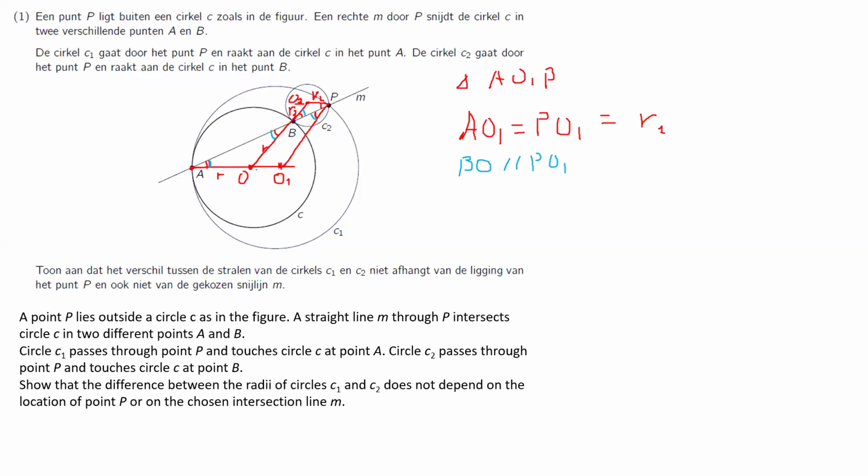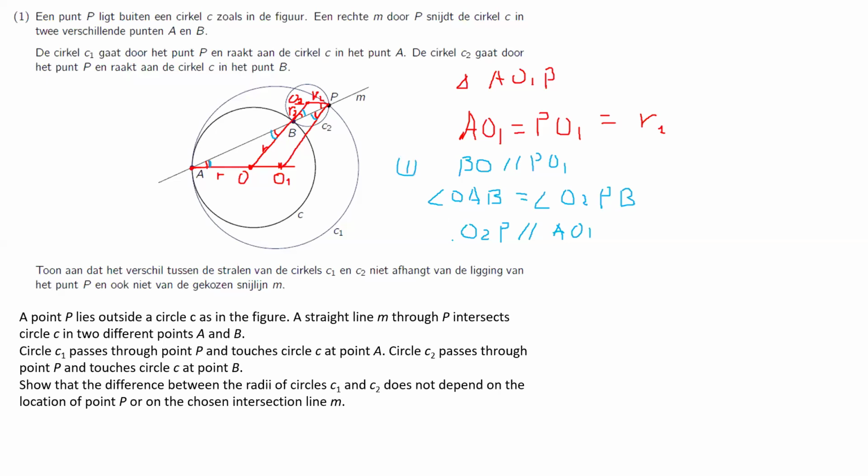So here we can say the angle OAB equals the angle O2PB, right? And from here, we can also show that O2P is parallel to AO or AO1.